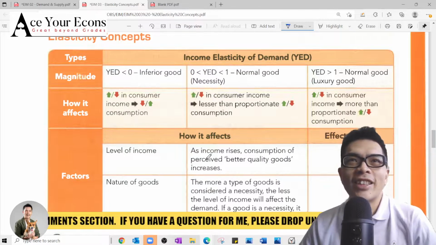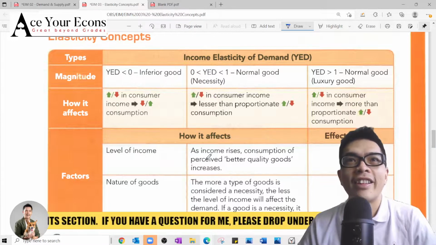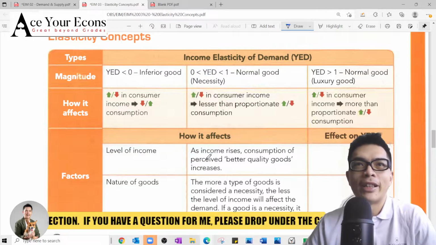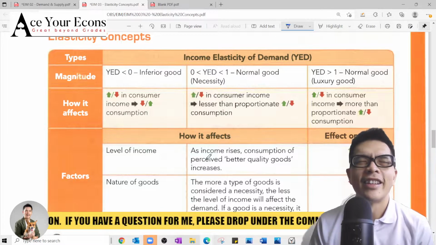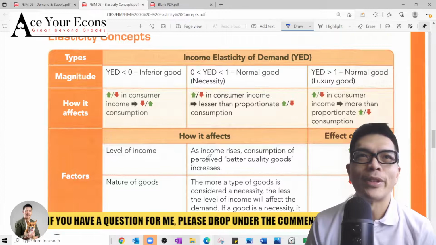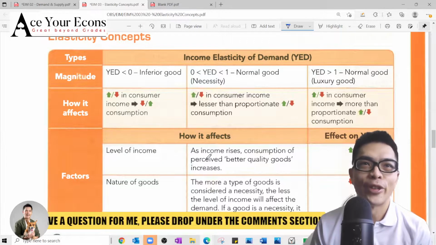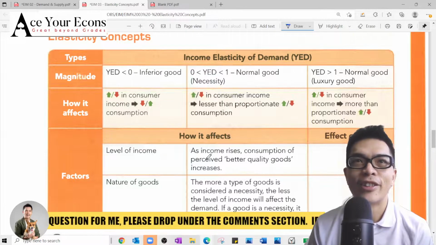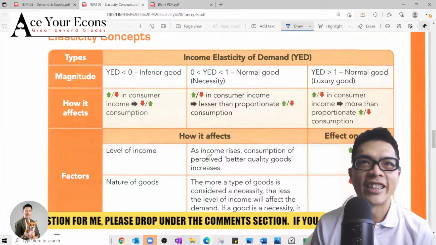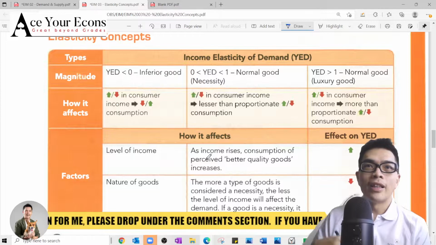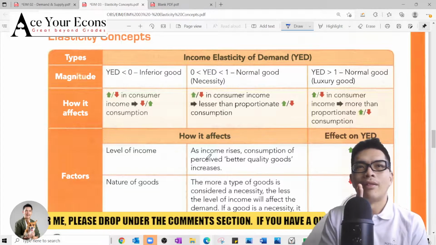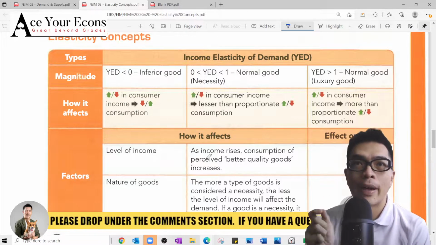For some of your very rich friends, like what Jia Ming has mentioned, public transport to a very, very rich person would be what? Inferior good, right? They probably have chauffeurs to chauffeur them around.